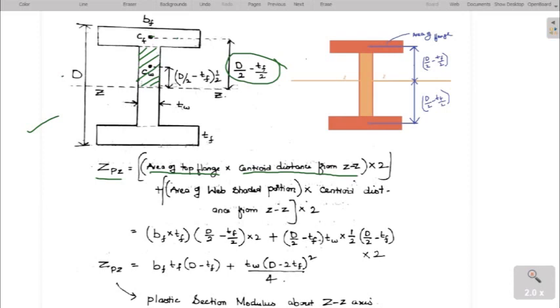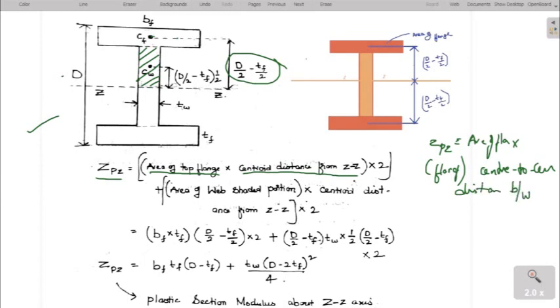ZPZ is equal to area of the flange. If I talk about the flange portion, it is equal to area of flange into the center to center distance between the flanges, as shown in this figure, that is d/2 minus tf/2 into 2.